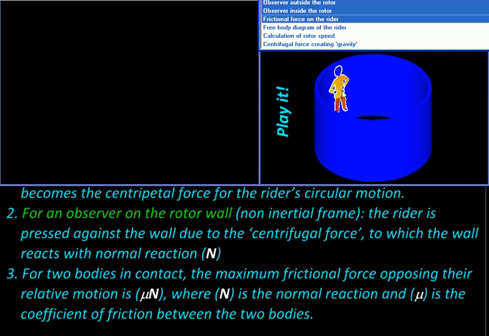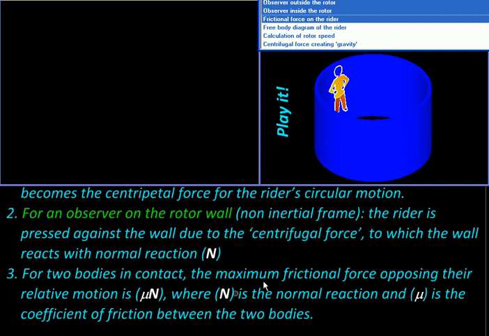The person is pressed against the wall, so there is normal reaction, and as the floor is removed, the rider will also tend to slide downward due to gravity. So there is a tendency for motion also. In that situation, frictional force will be created opposing the motion, and therefore it will be in the upward direction, and its maximum magnitude will be mu, coefficient of friction, into N, the normal reaction.